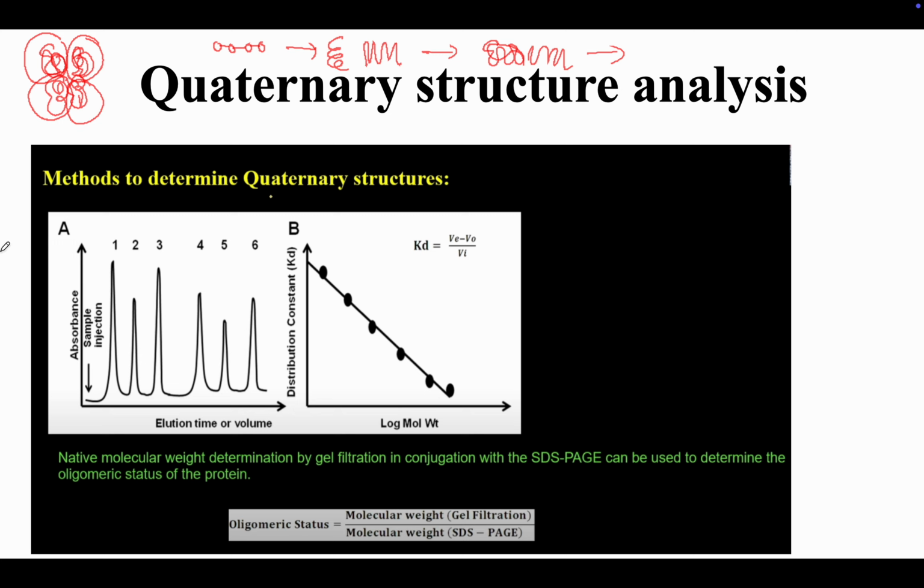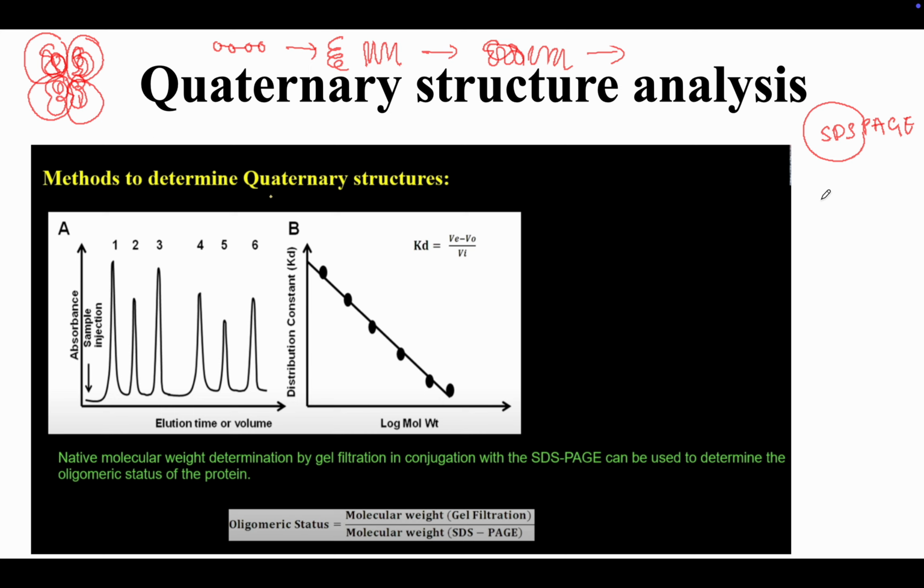So in order to determine these quaternary structures, we can use a simple technique like SDS page. SDS page is a denaturing page, where the denaturing agent is sodium dodecyl sulfate. It's a surfactant, and this surfactant will denature the protein.